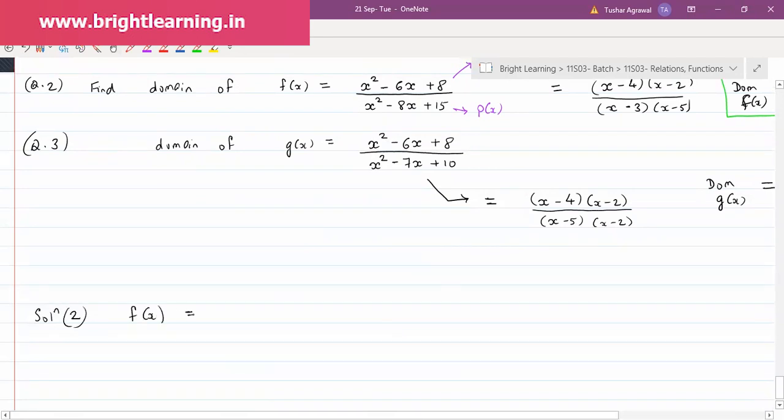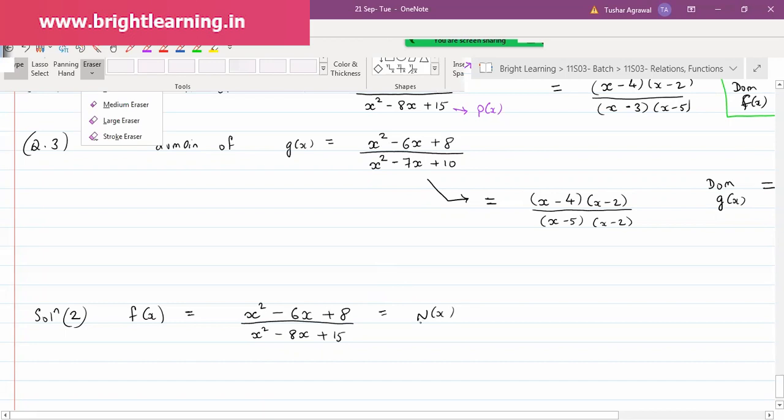My f of x is x square minus 6x plus 8 upon x square minus 8x plus 15. So what is the domain of this function? Call it n of x upon d of x, the denominator of x.